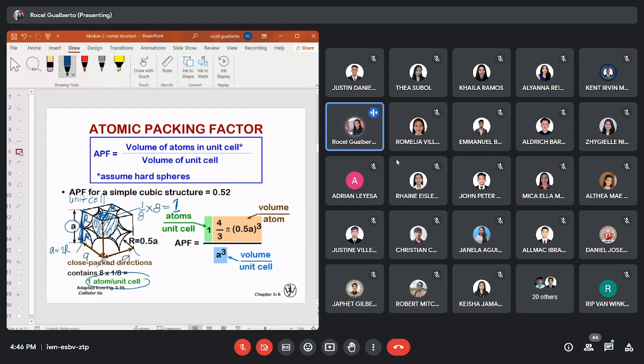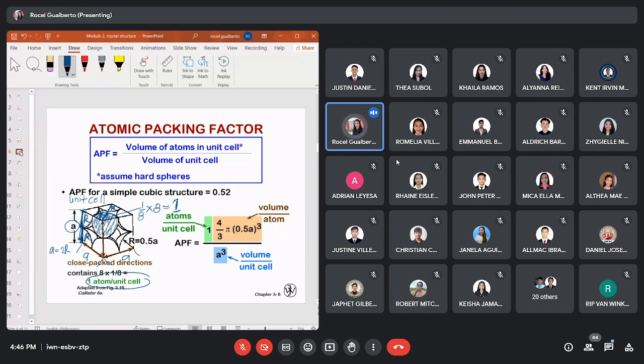Uulitin ko po. Ang A po natin would be the measurement ng kada side ng atin na cube. So, the length, the width, and the height, they are all A. A lahat po yun. Kasi pare-parehas po yung sa kanilang sukat. That would be the edge ng atin na cube.